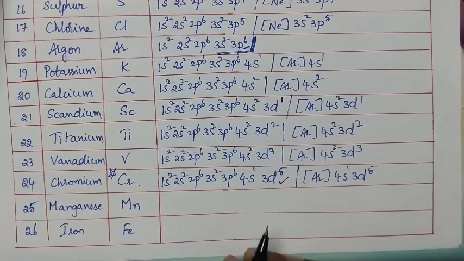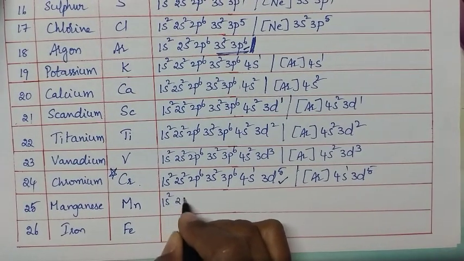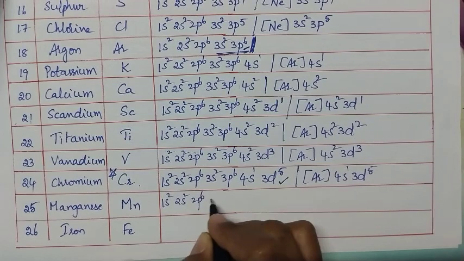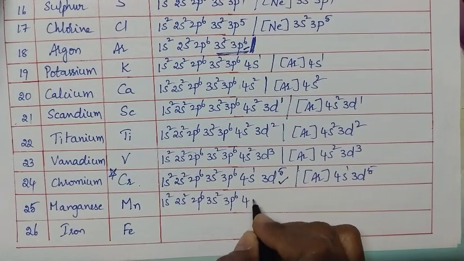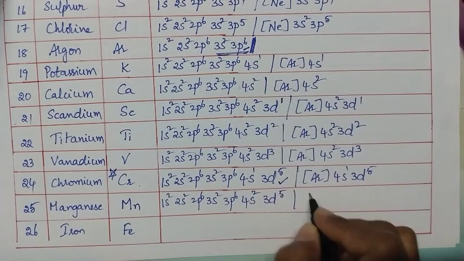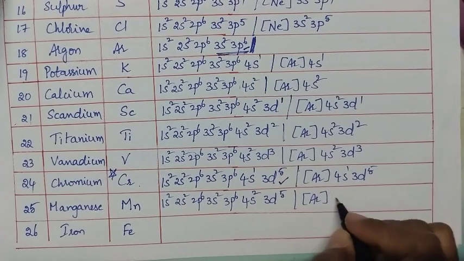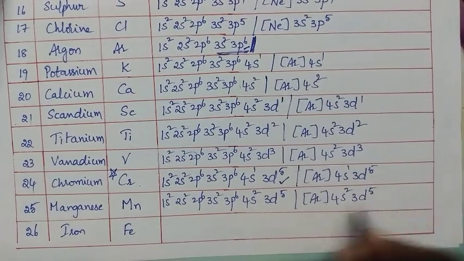So coming to the manganese, its configuration is 1s2, 2s2, 2p6, 3s2, 3p6. Here again we have to fill 4s, 4s2, then 3d5. So it can also be represented as argon 4s2, 3d5.